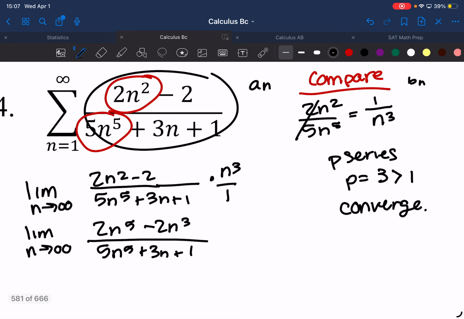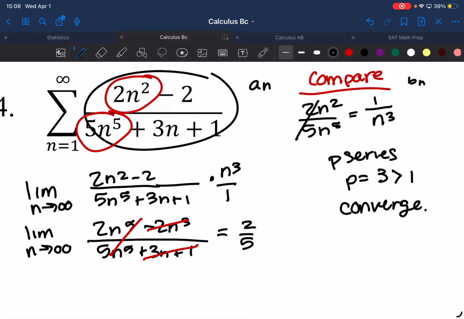As all of these n values approach infinity, notice that this part of both the numerator and the denominator is insignificant because they already have higher degrees. Then we're left with 2n to the fifth power over 5n to the fifth power, which means I can cancel the n's, and I'm left with 2 over 5, which proves that this limit exists.